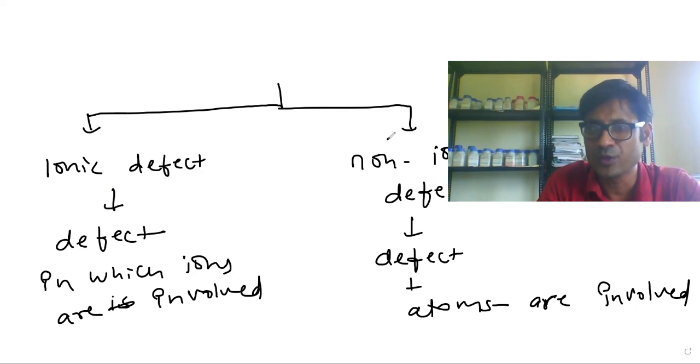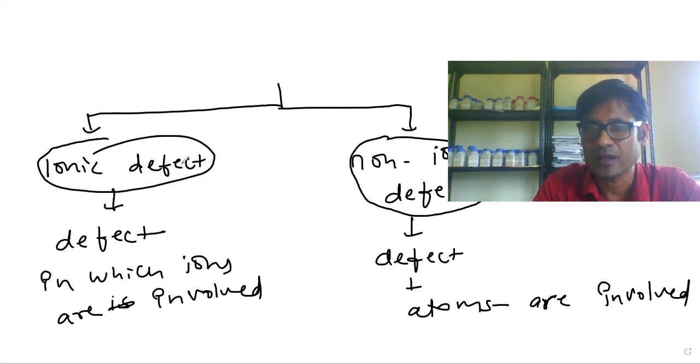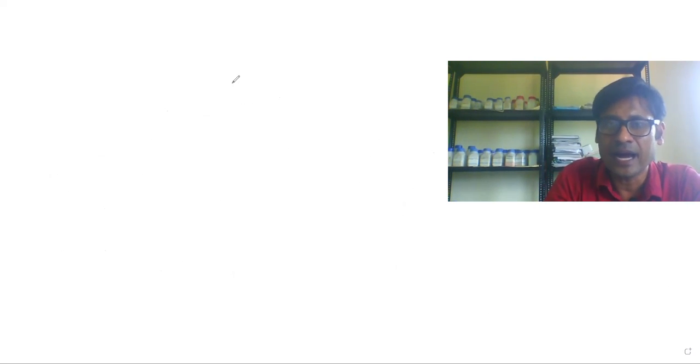That is called non-ionic defect, meaning ions will not be there. And in ionic defect, ions must be there. Clear?